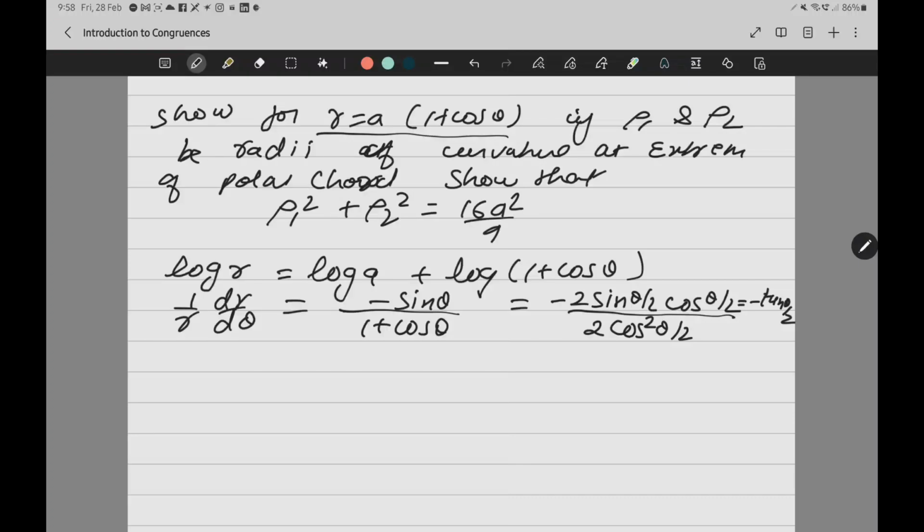Correct? Half angle formula I have applied, and if you have done the differential calculus, you might have done the questions where you are finding out phi and all. In that, this question is very common. R is equal to a 1 plus cos theta. So this question should be on your fingertips. Correct? So what exactly did I get? I got R1 is equal to minus R tan theta by 2.